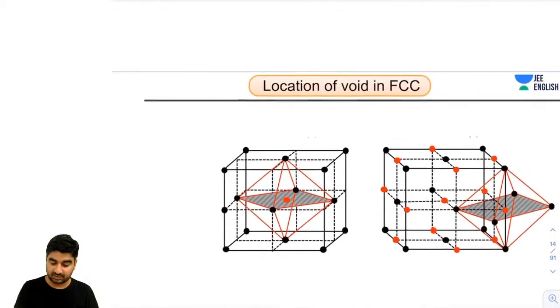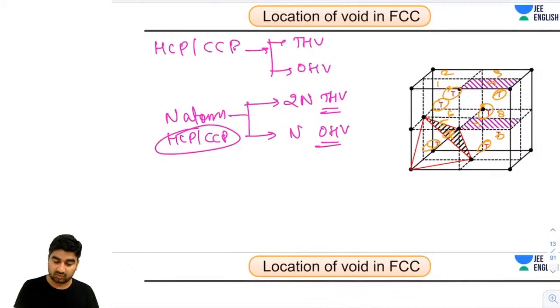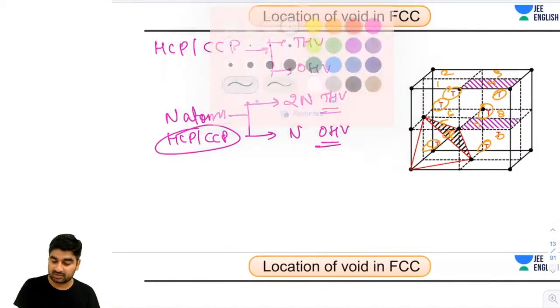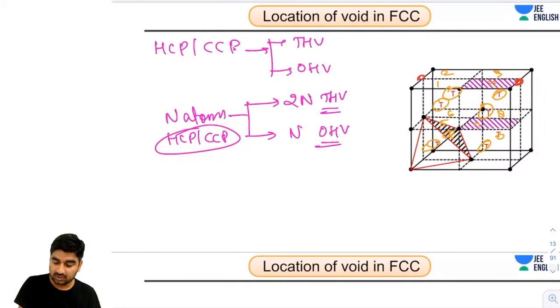And then where will be the octahedral void? So guys, octahedral void will be at all edges. There are 12 edges, and there will be one octahedral void at the body center, right? Any doubt guys, please ask, right?